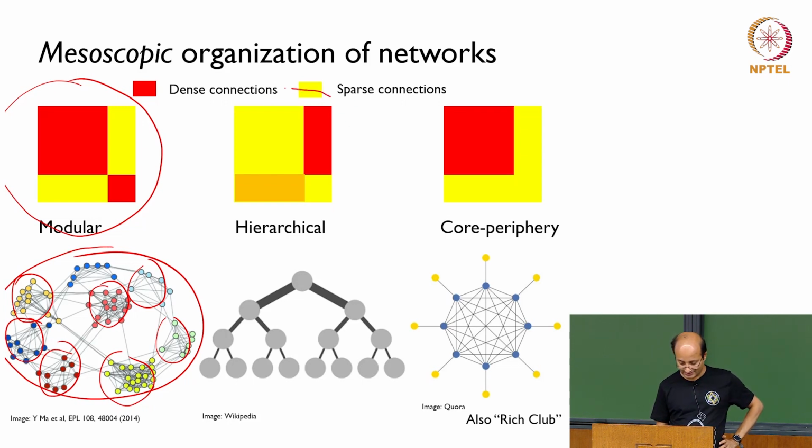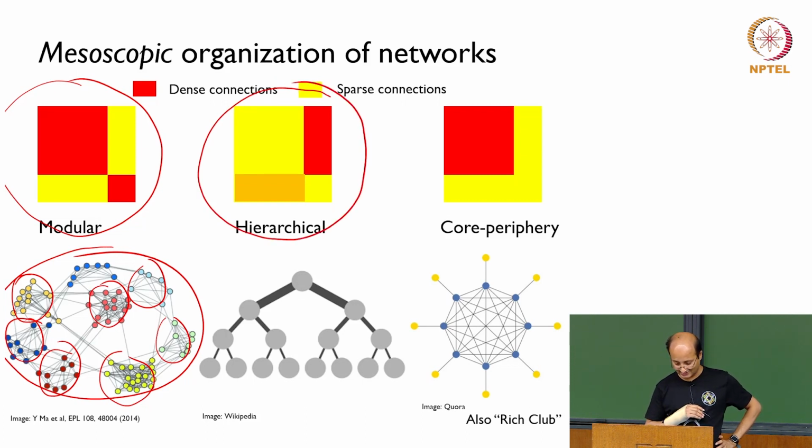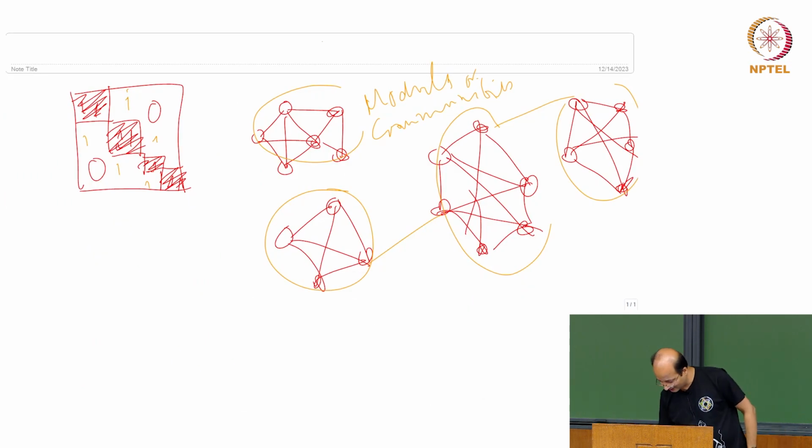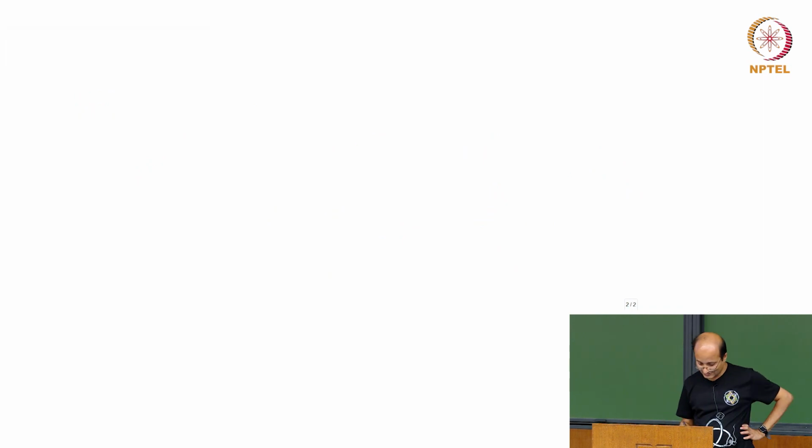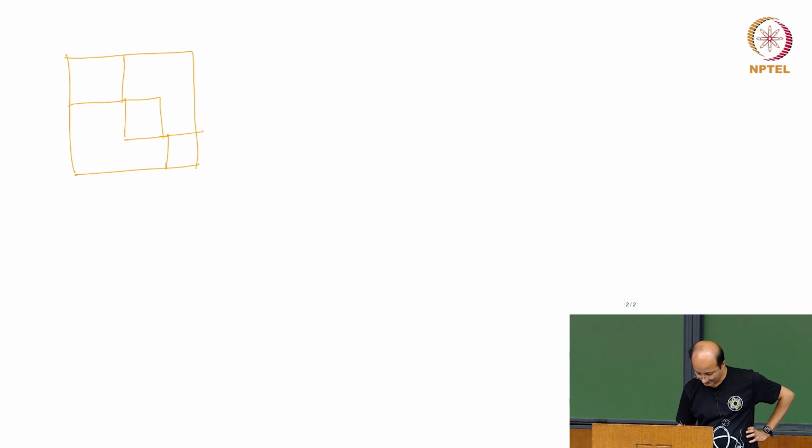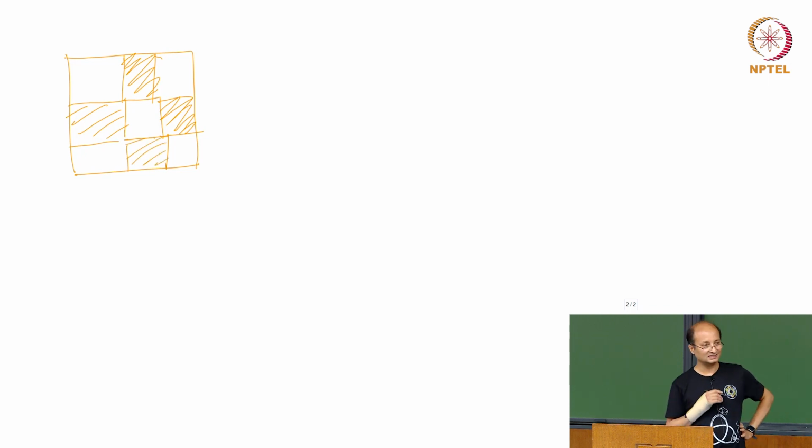So again, I'm representing it through an adjacency matrix like this. So what do I mean by this? Okay, so now what I'm doing is something like this. So what does this mean?